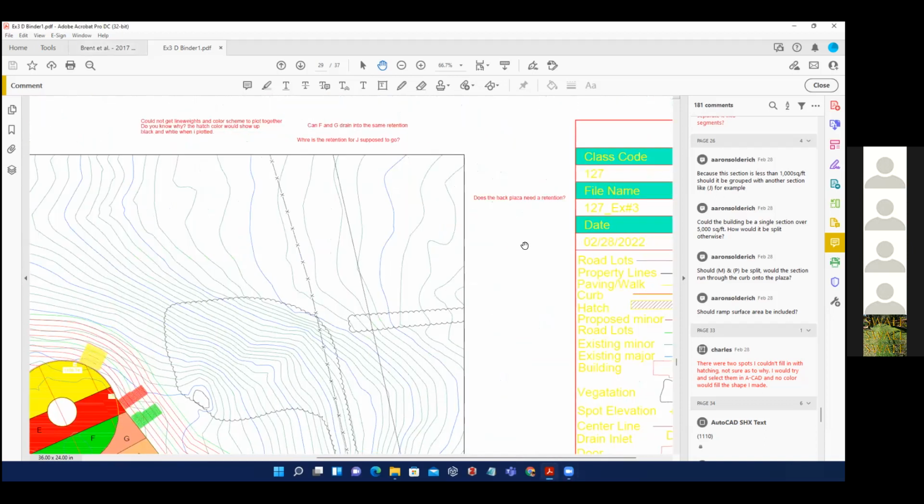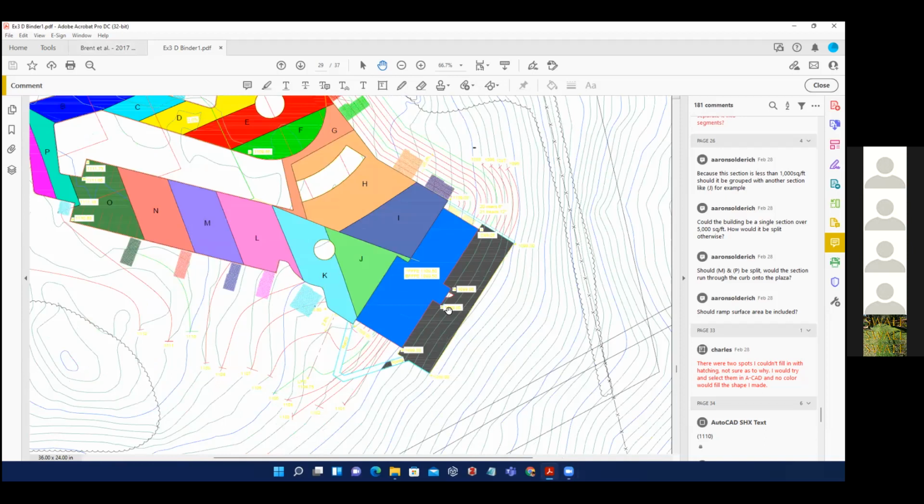Does the back plaza need a retention? You could design retention there, especially on the back side, if you make it 1 to 3 or 1 to 4 slope, it could benefit from having a retention. But because most of this is vegetated area, I think, well, let me go back.